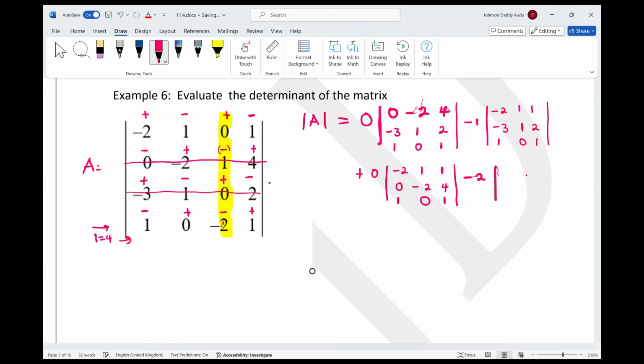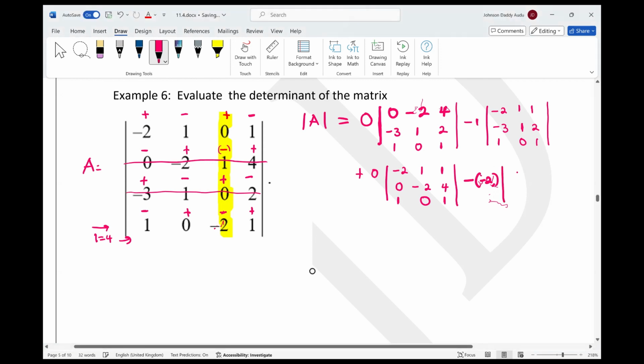Here we have a minus from the position and we have a minus from the elements. So that will make it become +2.